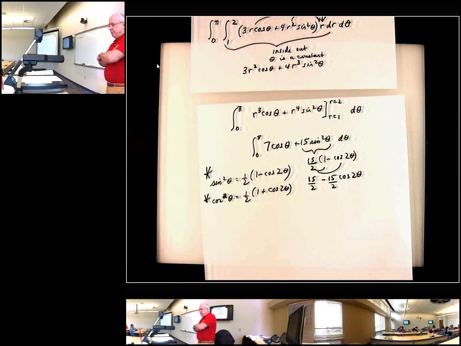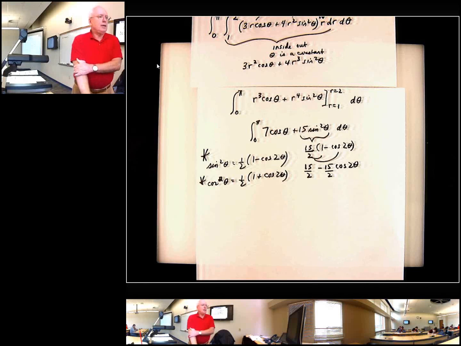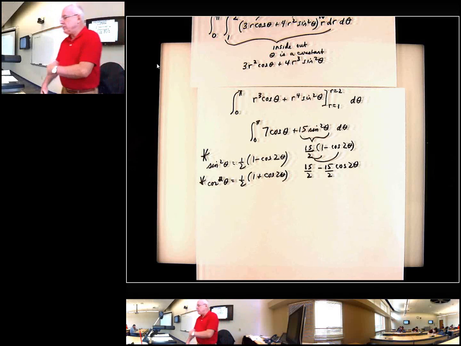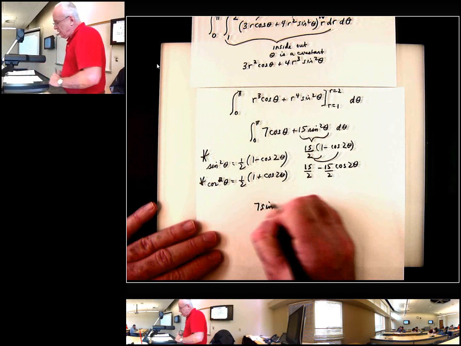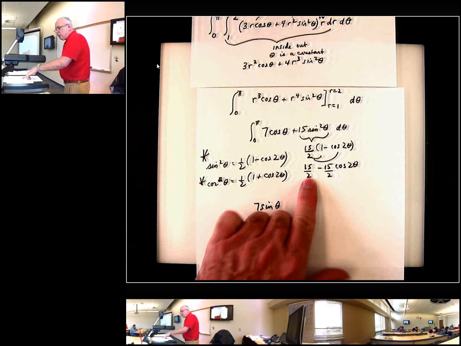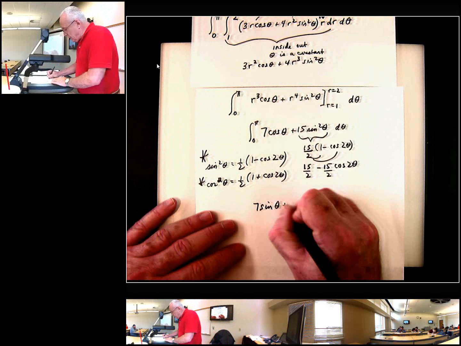All right, so now let's get the antiderivative. Antiderivative of 7 cosine of theta is 7 sine of theta. And then we go to our next term, which is 15 over 2 times theta.